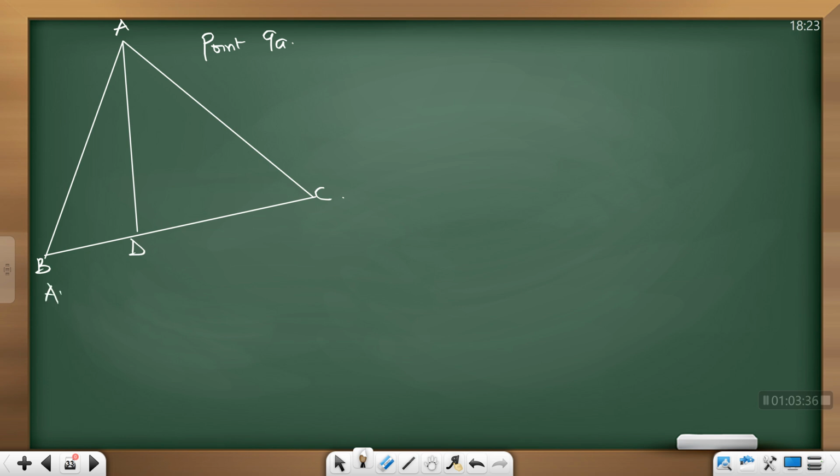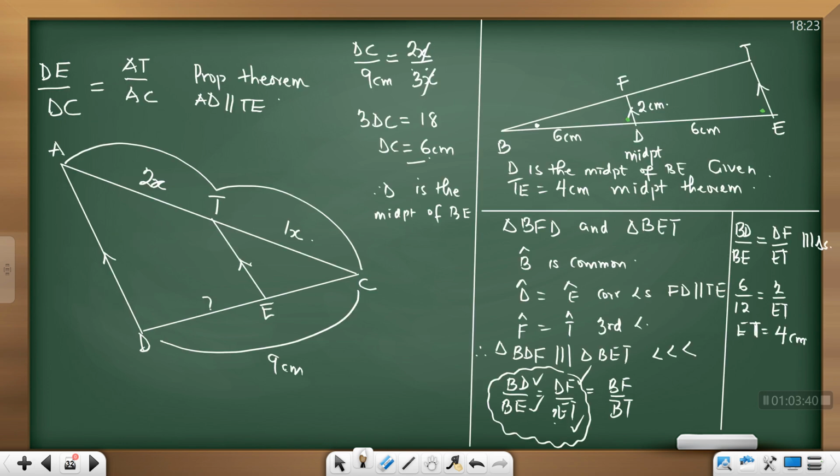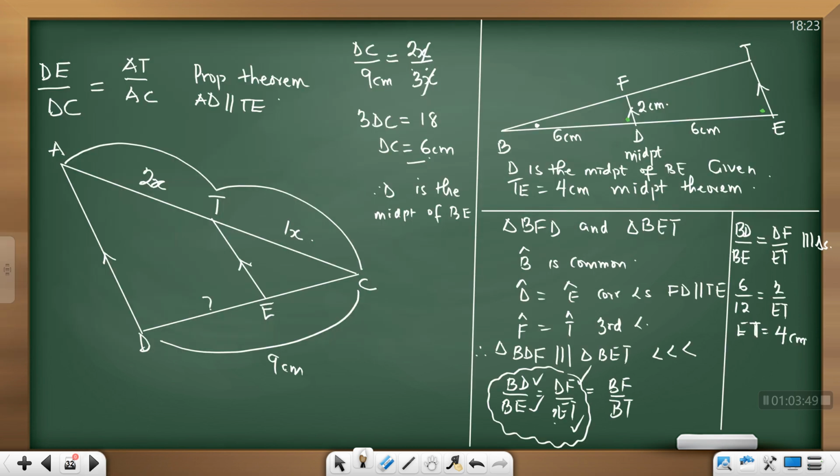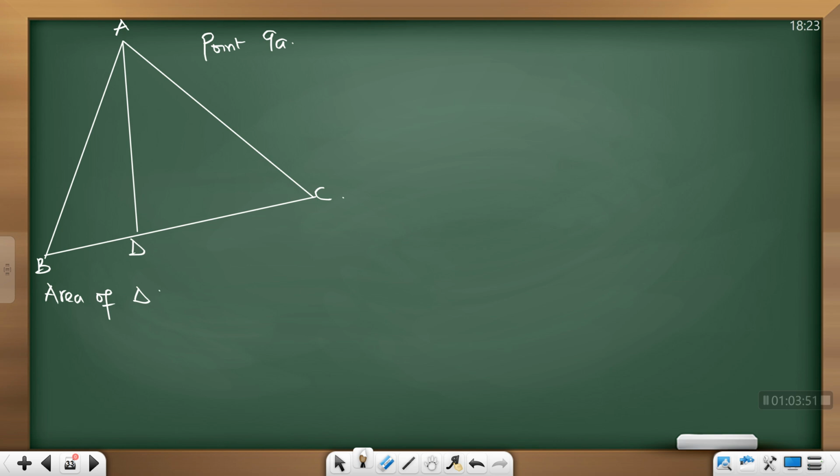What am I looking for? Area of triangle. Let's go back to the question. Area of triangle ADC over area of ABD. Now, please watch this.